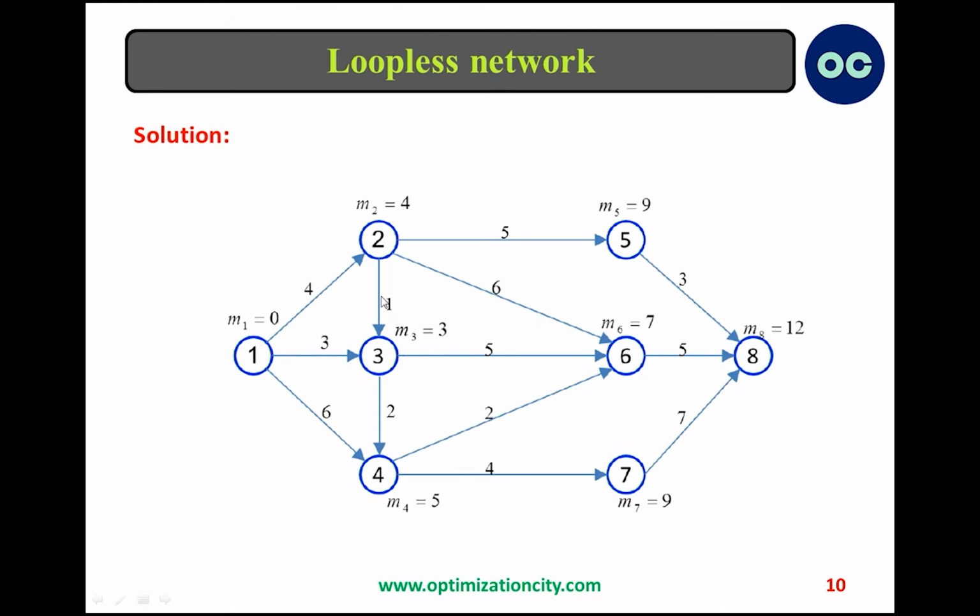M2 plus 1 is equal to 5, and M1 plus 3 is equal to 3. The minimum value of 3 and 5 is equal to 3. So M3 is equal to 3. We continue this calculation for the other nodes, and we have the calculation for the 8th node in this figure, and we can see that the shortest path from node 1 to 8 is equal to 12.